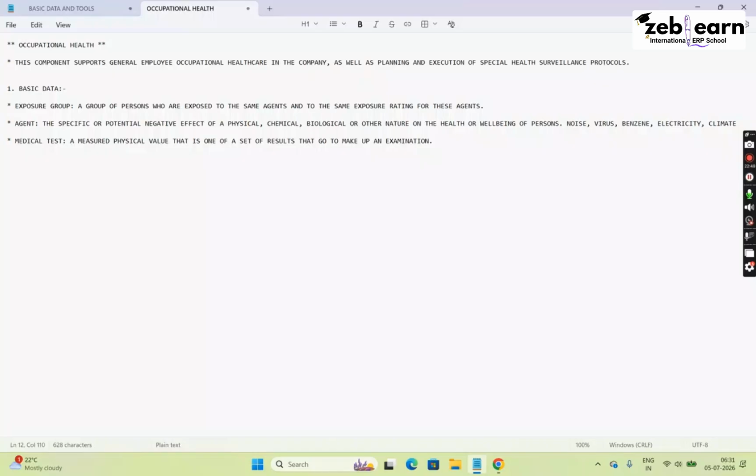Measuring your blood pressure, is that a medical test? Which is a medical test out of all these examples? Everything is a kind of medical test only, but measuring the blood test is more accurate, I think.